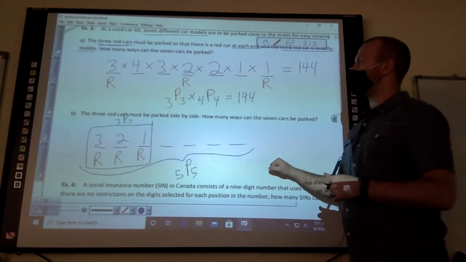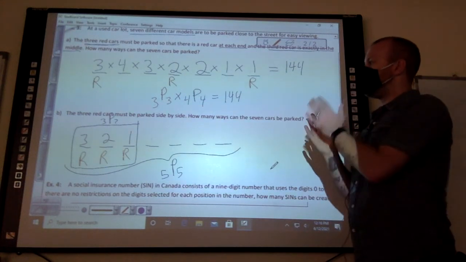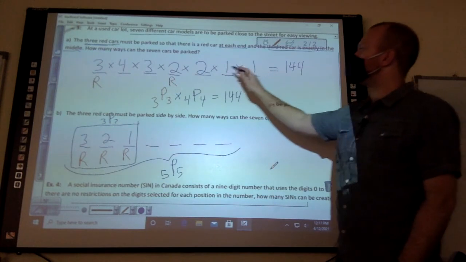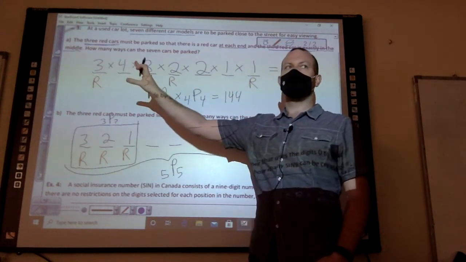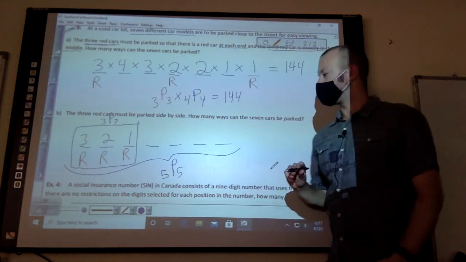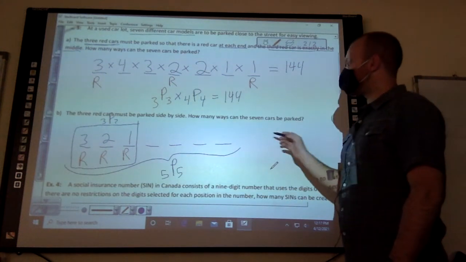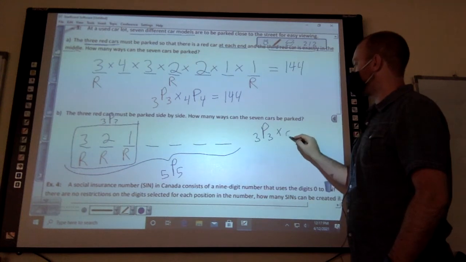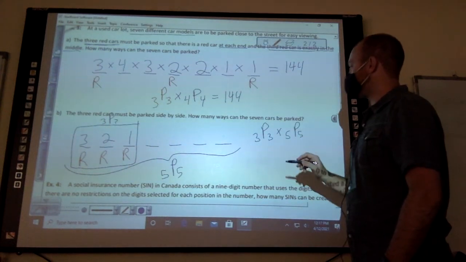So this is where it's going to change, is now that those ones can move, it'll give me some different options. It's different than the first one because my red cars were planted. I couldn't move those red cars. So if I want to get the total here, I just take these 2 permutations and multiply them together.